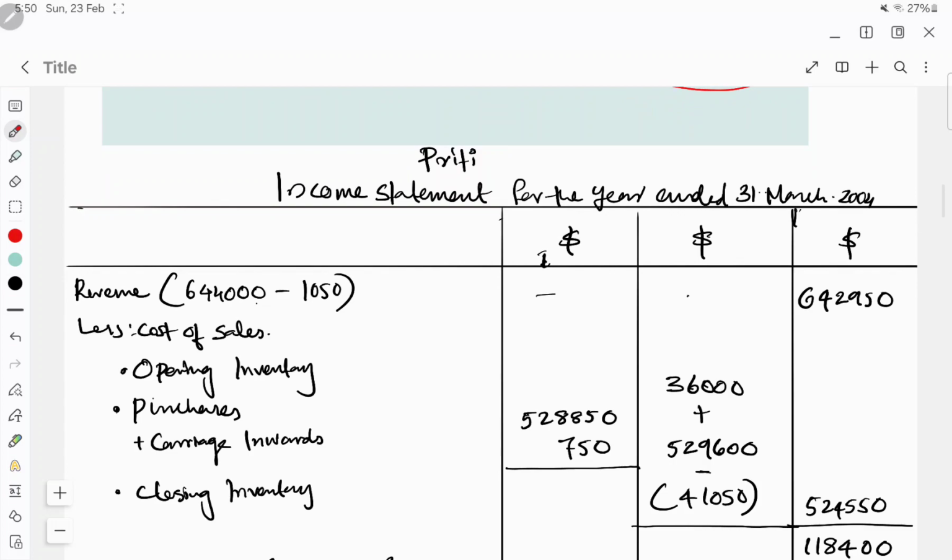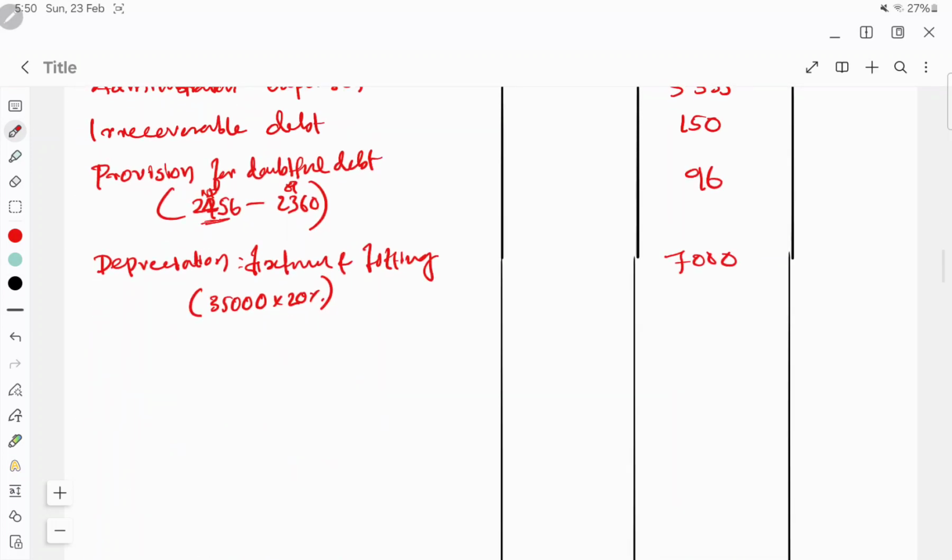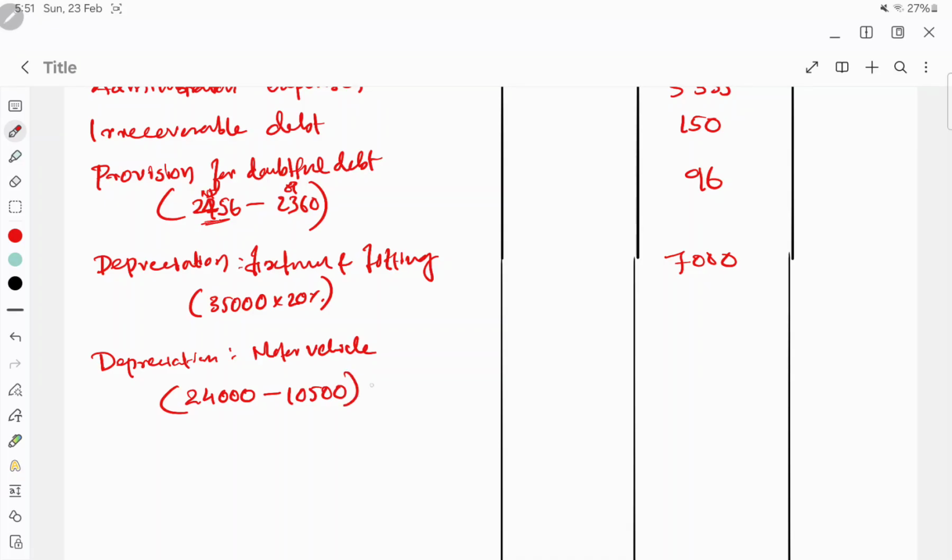So the calculation for depreciation on motor vehicle: take the cost price first, motor vehicle 24,000, less the older provision 10,500, then 25% of that. That will be your depreciation of motor vehicle, 3375.